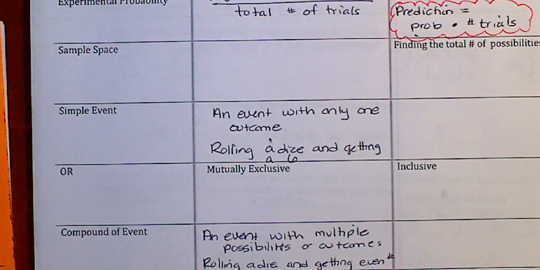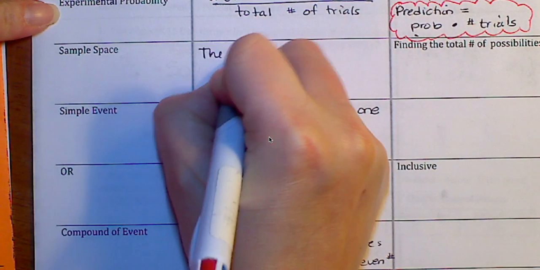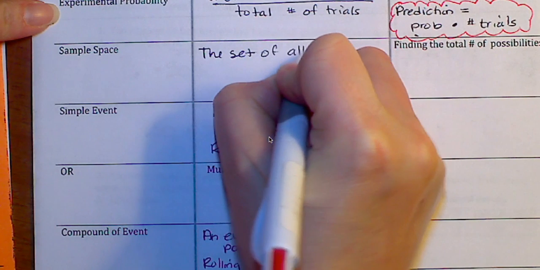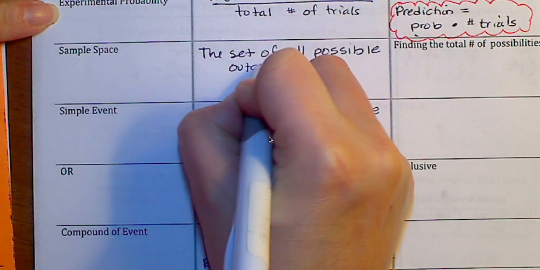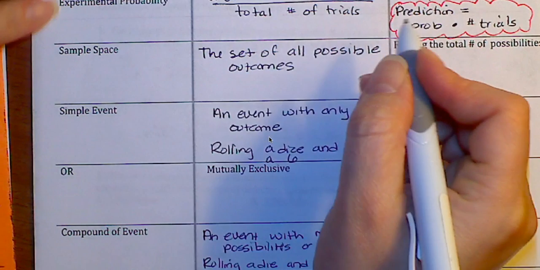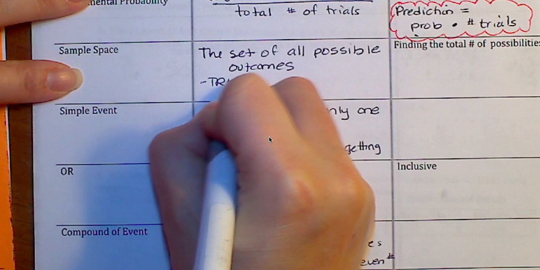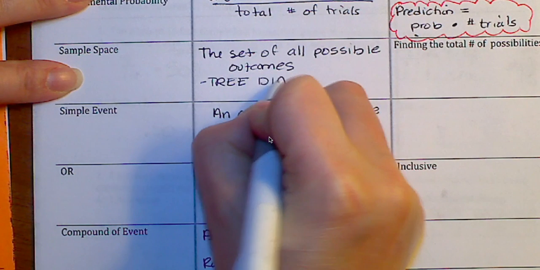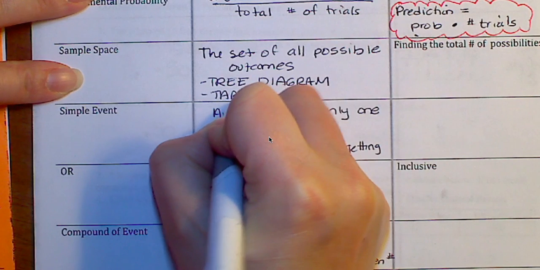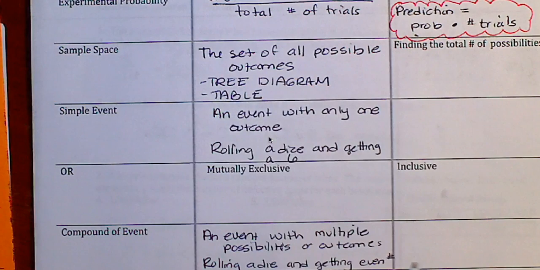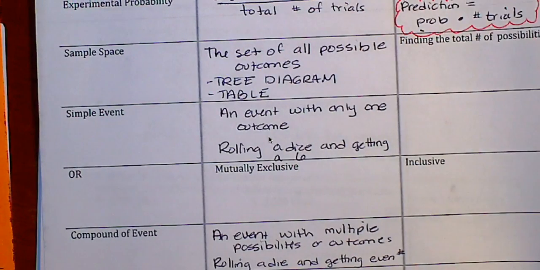So a sample space is the set of all possible outcomes, and we often use a tree diagram, or sometimes we use a table to help us identify all the possible outcomes, okay? So if you want to find the total number of possibilities, let's look at this example on the notes.